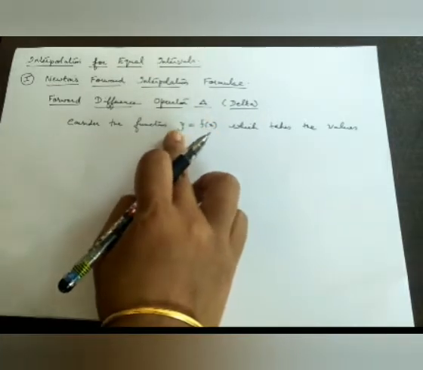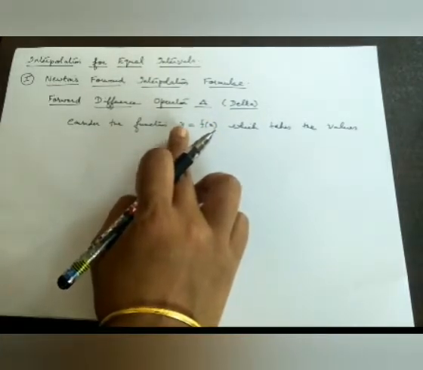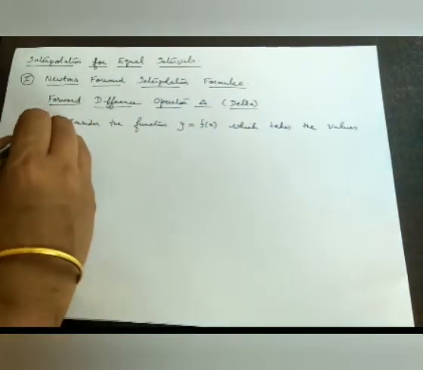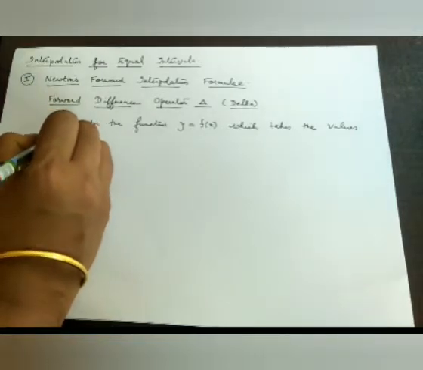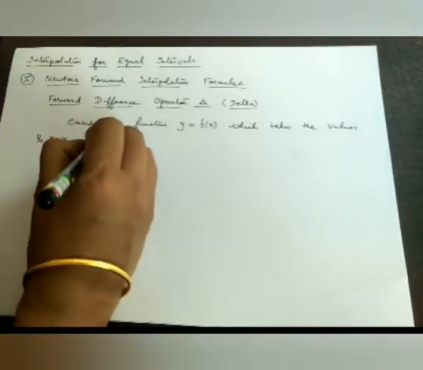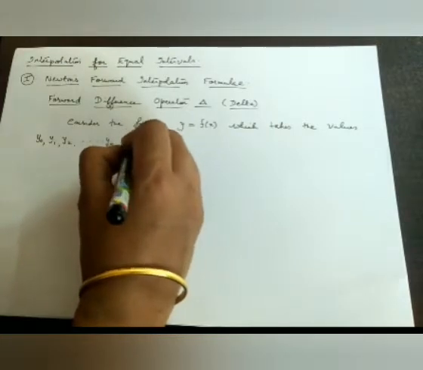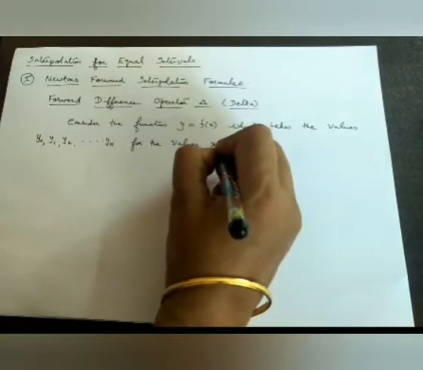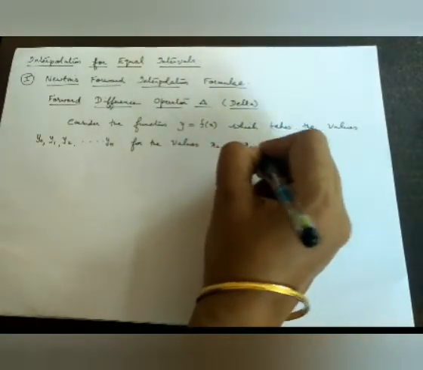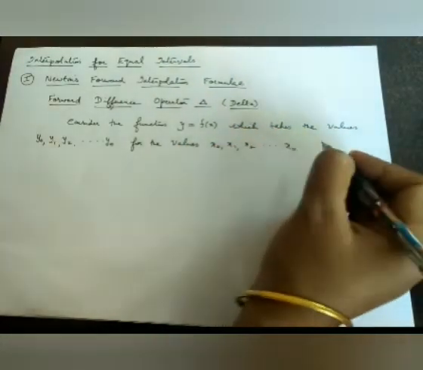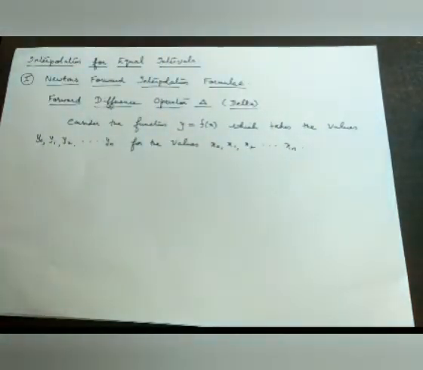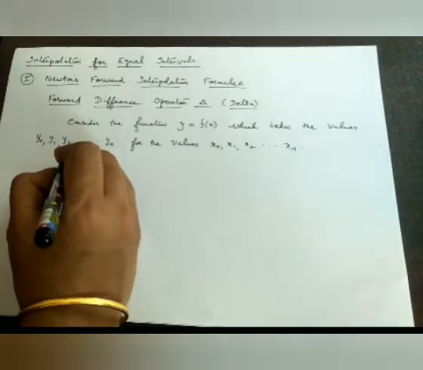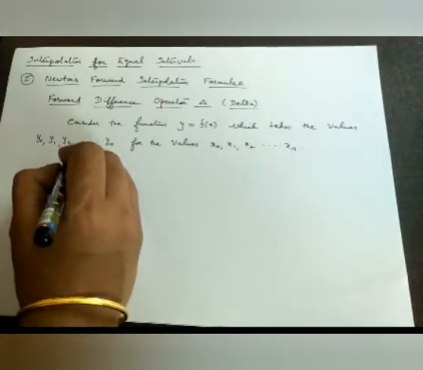Then we will get corresponding values of y, that is y0, y1, y2, etc. up to yn, for the values x0, x1, x2, etc. up to xn. Now, here we can define the first difference, the forward difference operator.